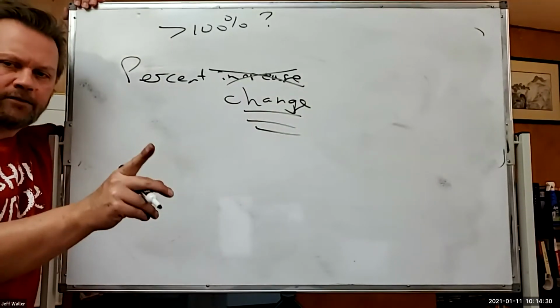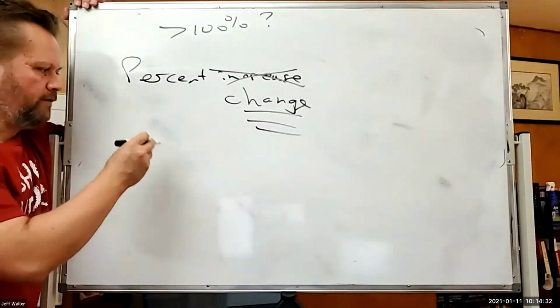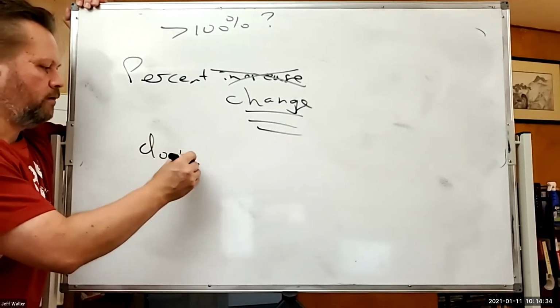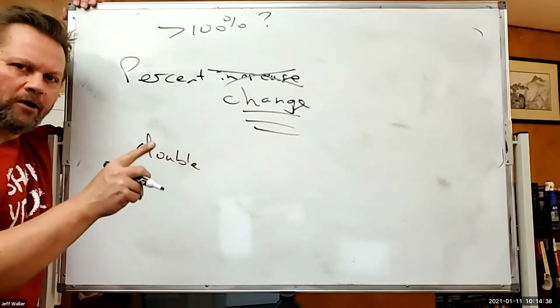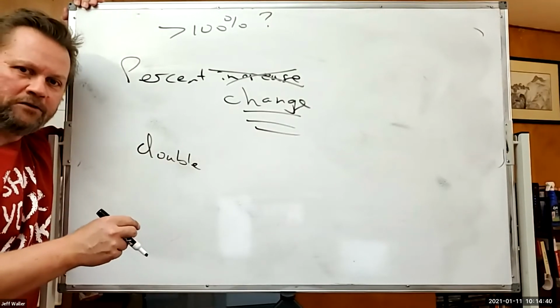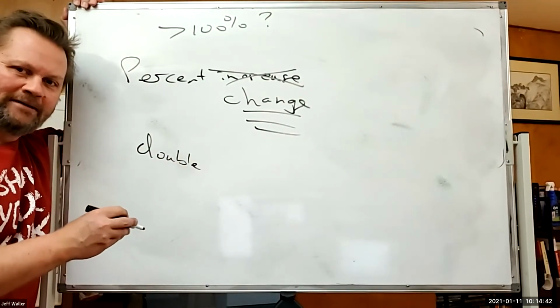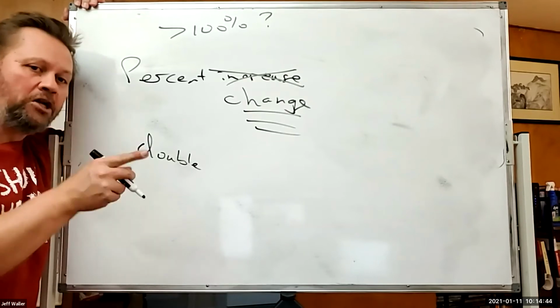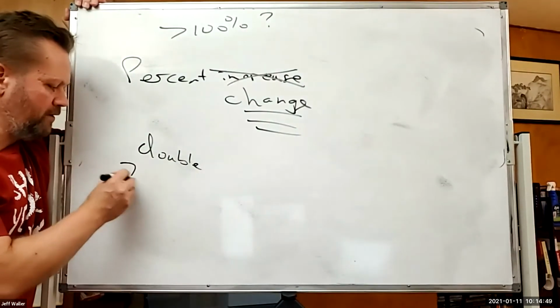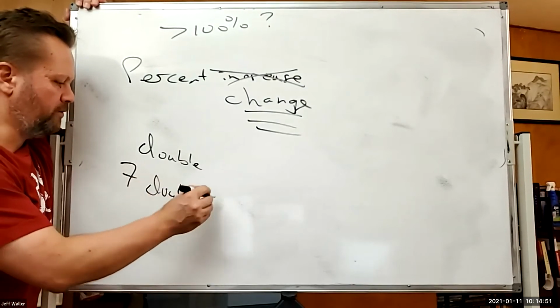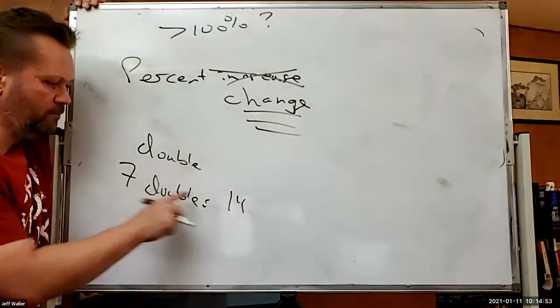Right, let me ask you this question, then we'll take a break. If something doubles, what percent more is it than it used to be? 100%. 100% more. Beautiful. So if 7 doubles and becomes 14, isn't that 7 more than it used to be?